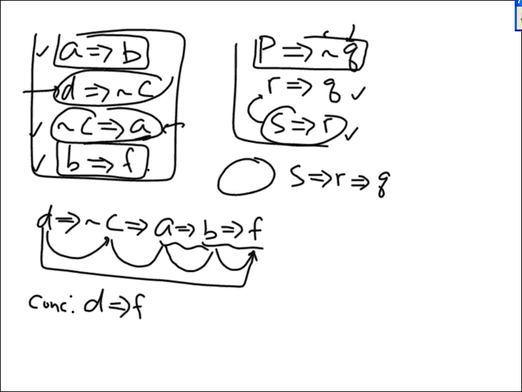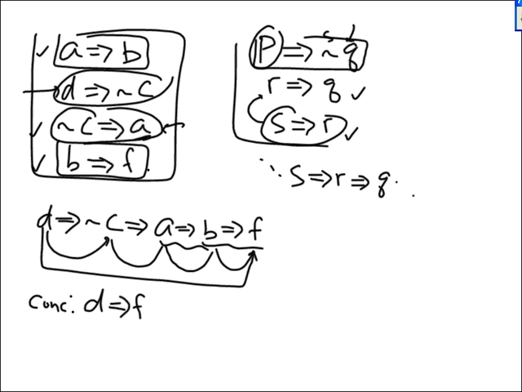If it would have said P implies S, then I would say P implies S. But it didn't say that. Nor does it start with Q implies something. If it said Q implies whatever, I'd be done. I would say S implies not Q. But it doesn't say that.